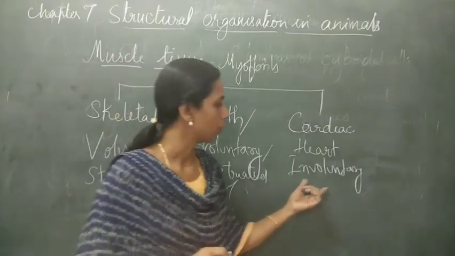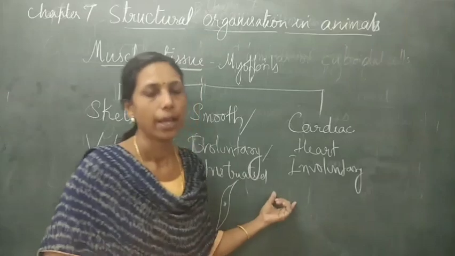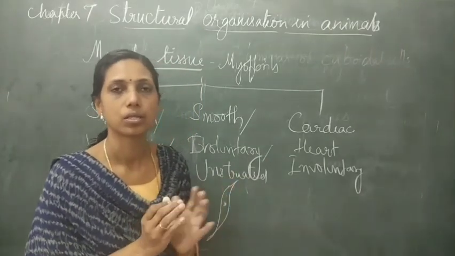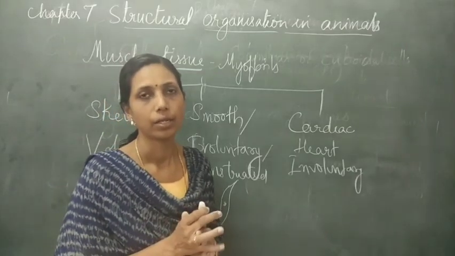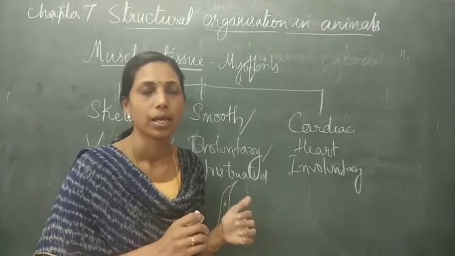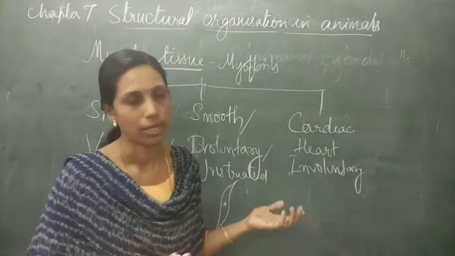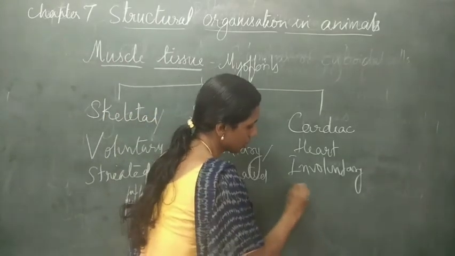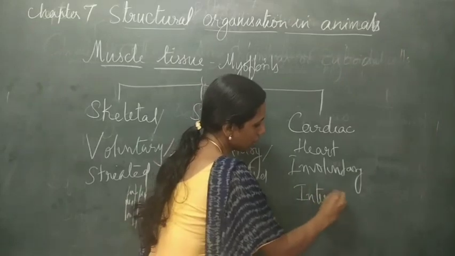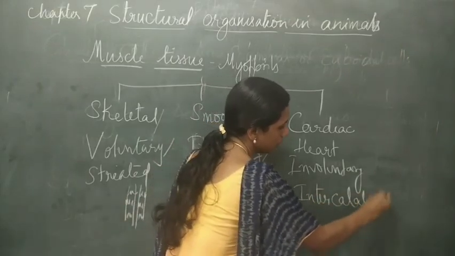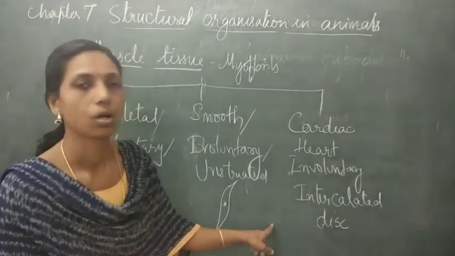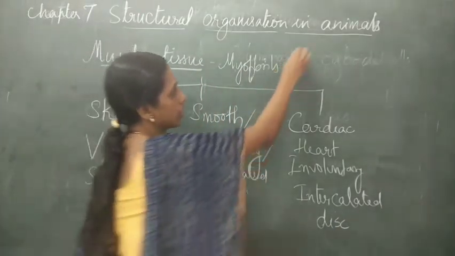It is an involuntary muscle and they show branches, and sometimes they have more than one nucleus. They are branched, have more than one nuclei, and they have special structures called intercalated discs.